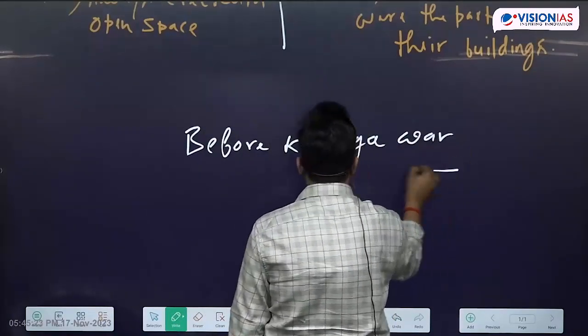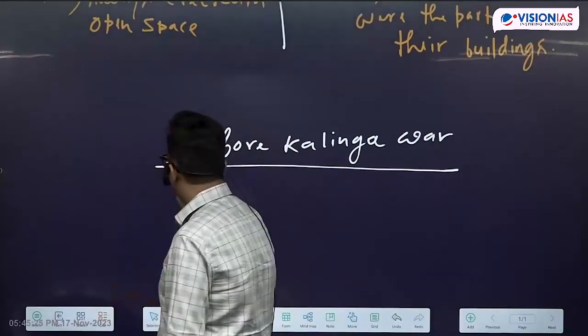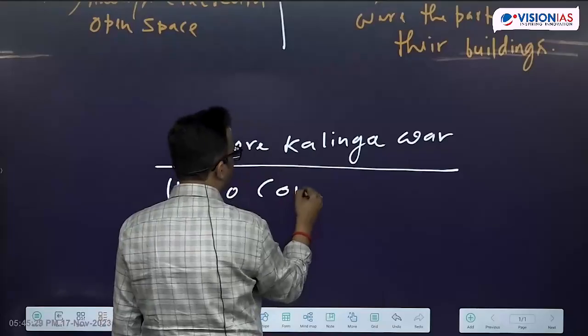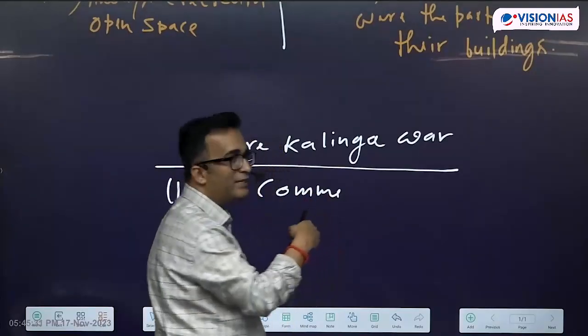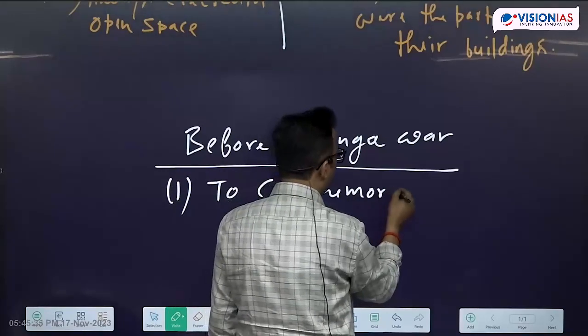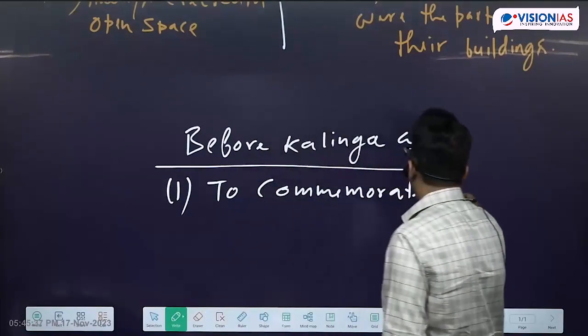So number 1 in this, write: to commemorate the victory. The meaning of the word commemorate is celebrating the victory. But this is a word of history, so you must write to commemorate the victory.